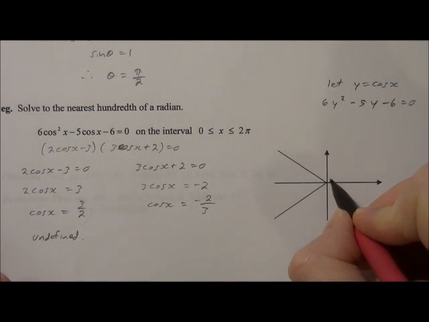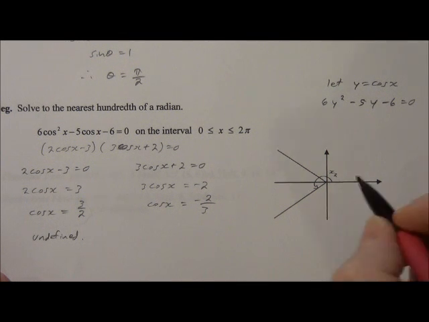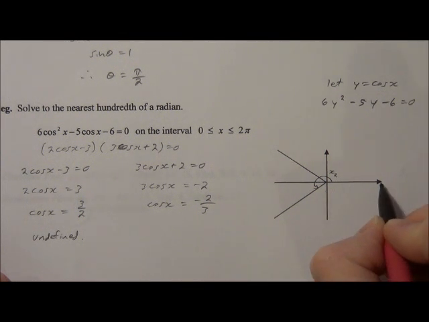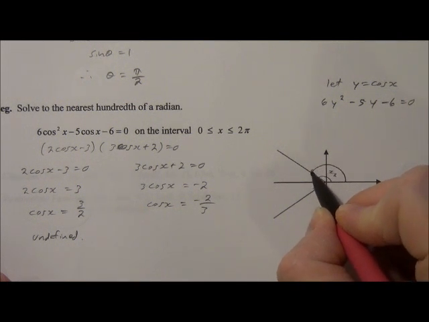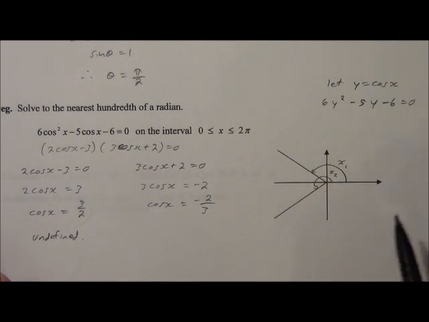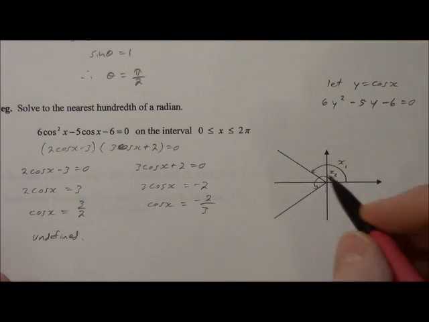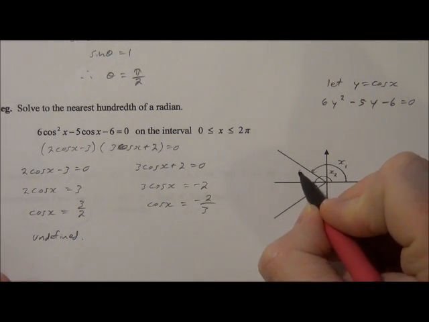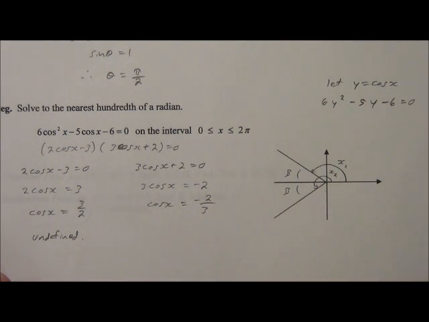And so I'll do it a little differently this way. x2 is from the positive portion of the x-axis around to the second terminal arm, and x1 is from the positive portion of the x-axis to the first terminal arm, and in here is the beta angle, the related acute angle.